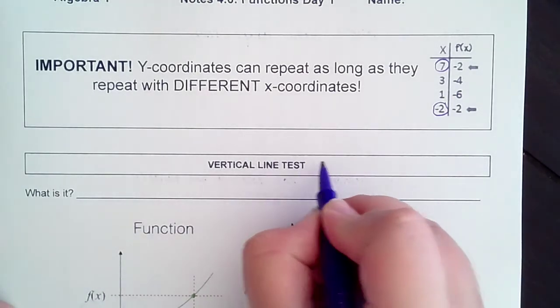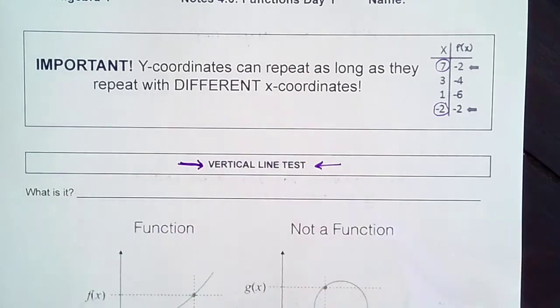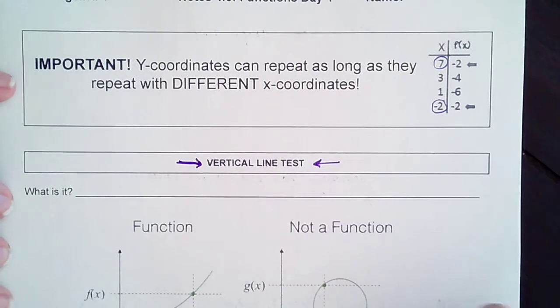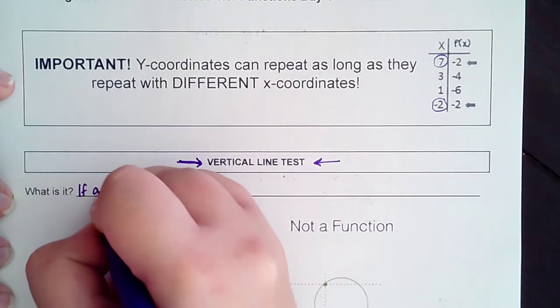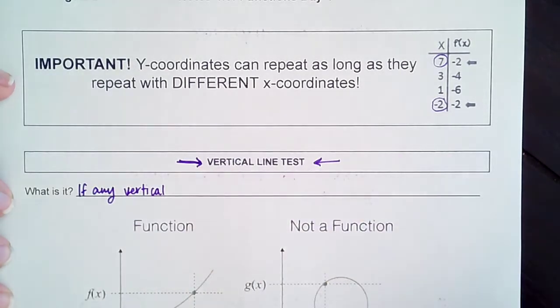All right, this is another big concept, something called the vertical line test. We're going to use this a lot this year, and it's going to come up a lot in math classes after this. So what is it? What is the vertical line test? It basically says this. Maybe I'll just write it and then I'll read it.